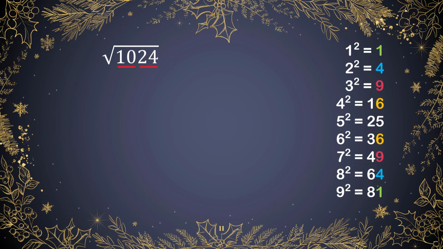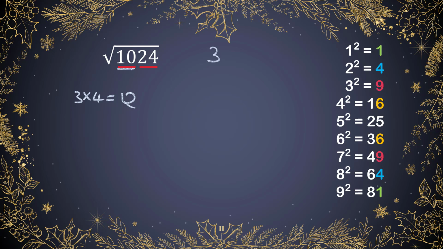So 3 squared comes before 10. So we use 3 as the first digit to our answer. Now we multiply this 3 with the number that comes after it, which is a 4. 3 times 4 is 12. We look at the 10 and see if it is smaller or greater than 12. 10 is smaller. Just remember that.